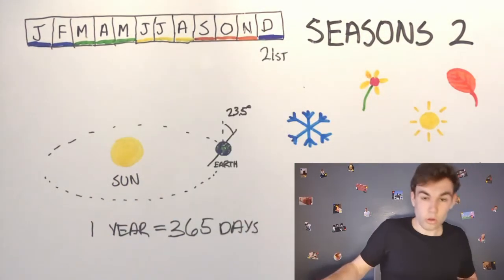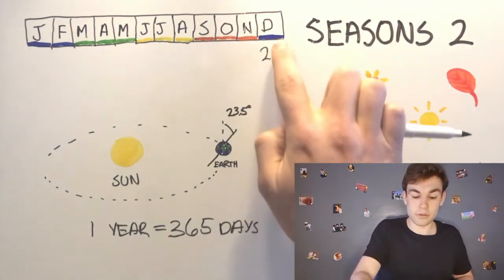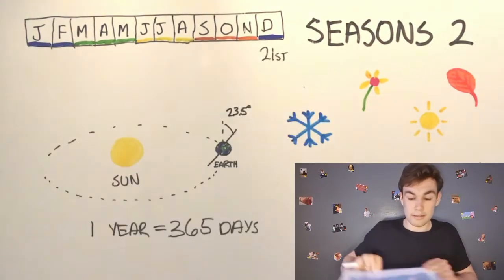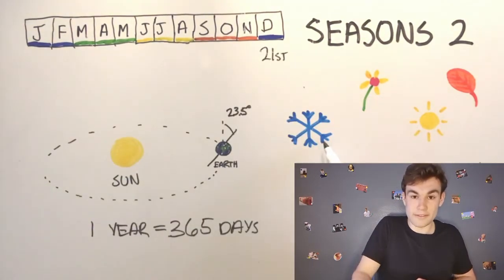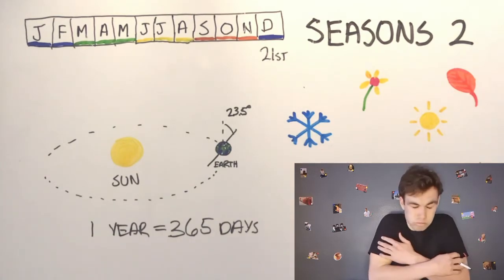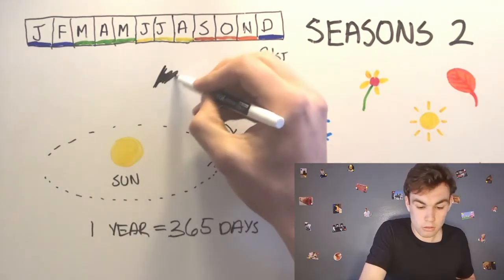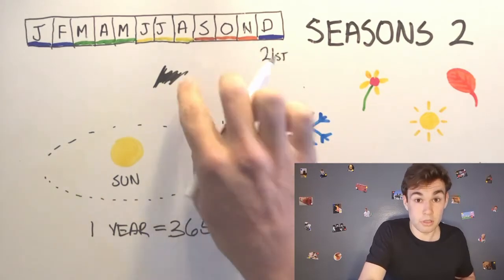So, on the 21st of December in the UK, it is winter. It is cold and dark.